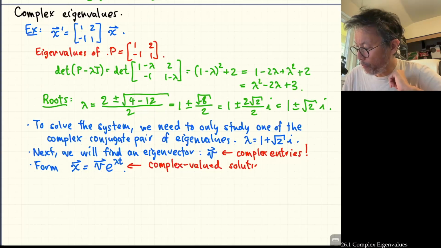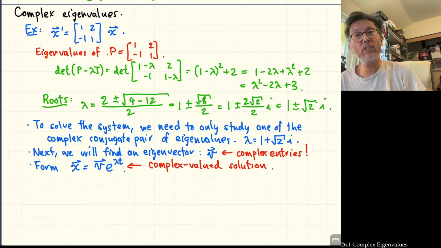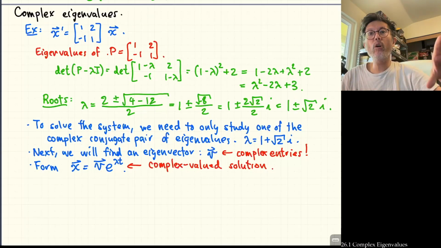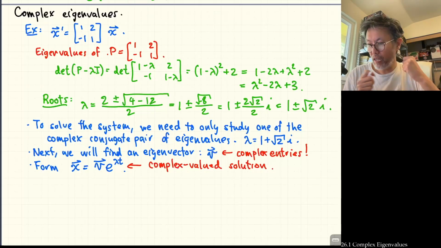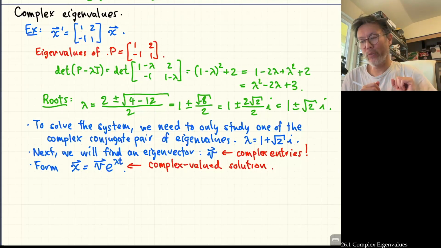And I don't know if you remember what we did in the case where we were solving second order homogeneous linear differential equations with constant coefficients, and we arrived at a characteristic polynomial with complex roots. Remember what we did is we ignored one of those roots, just as we're doing here. We got a complex valued solution, but then we computed the real and imaginary parts of those complex solutions.